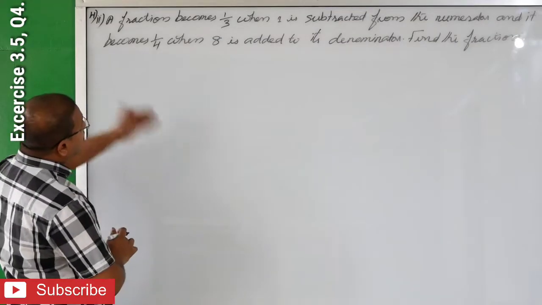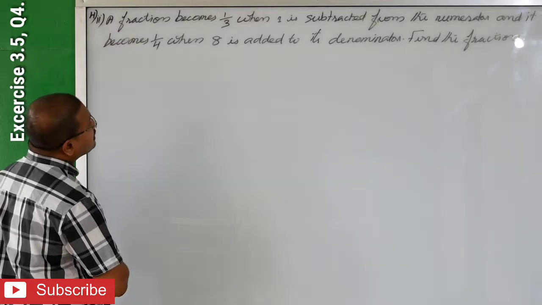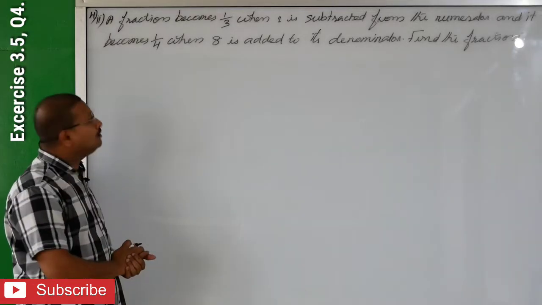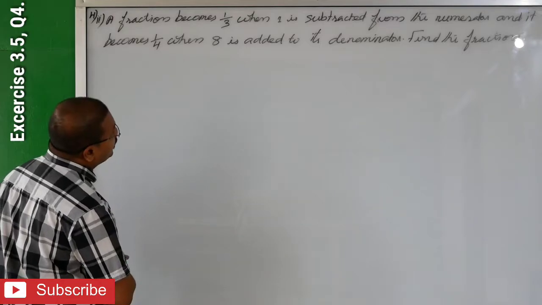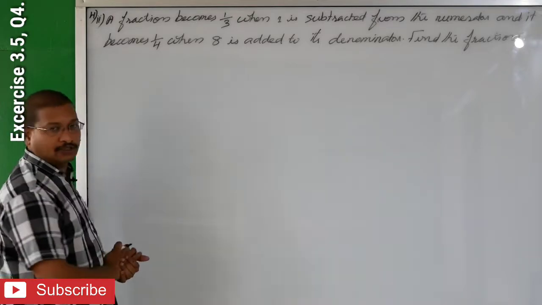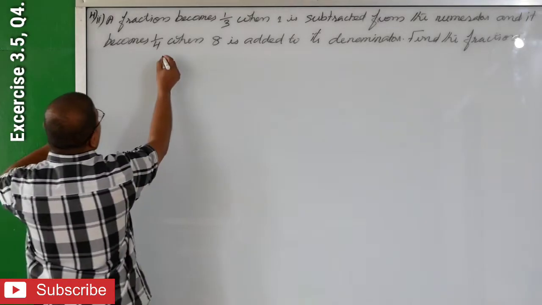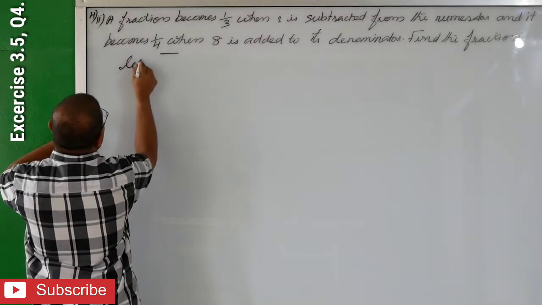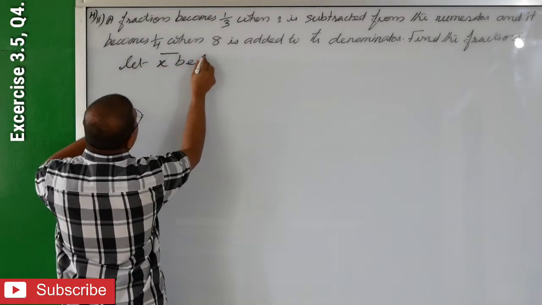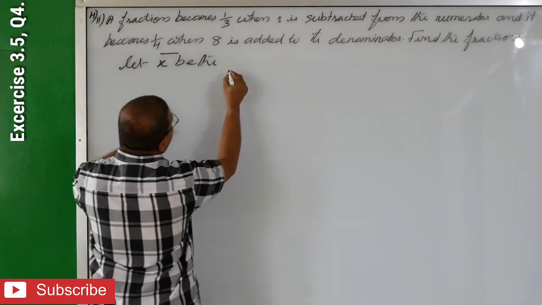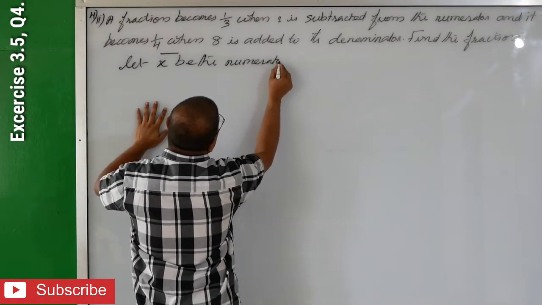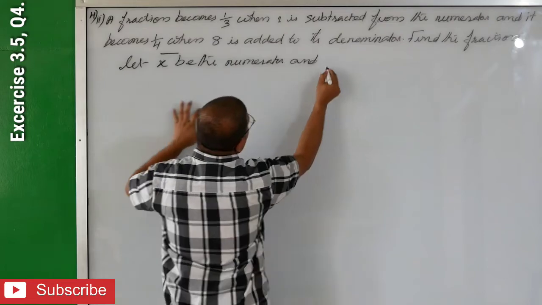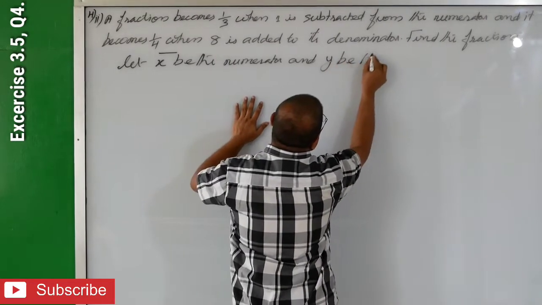A fraction becomes 1 by 3 when 1 is subtracted from the numerator, and it becomes 1 by 4 when 8 is added to the denominator. Find the fraction. Ready? So we will take, let x be the numerator and y be the denominator.